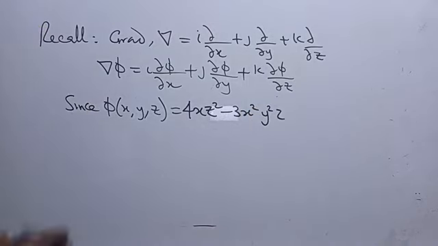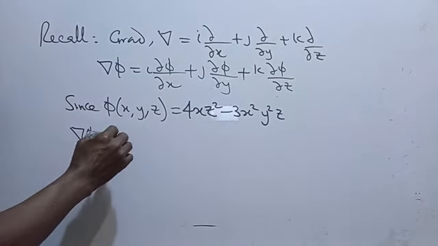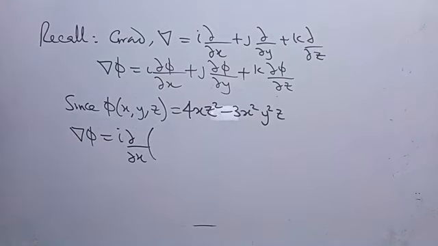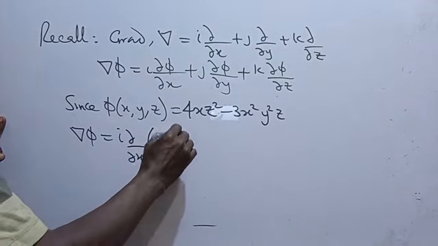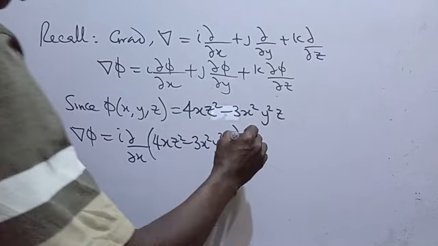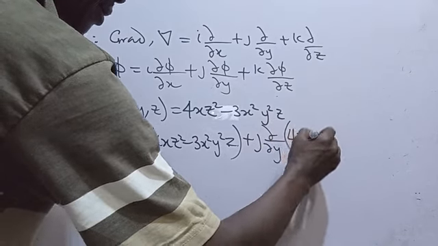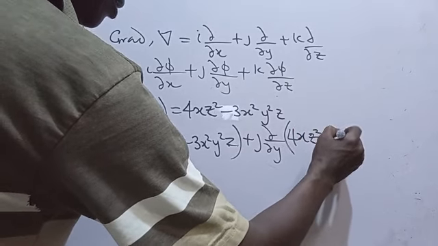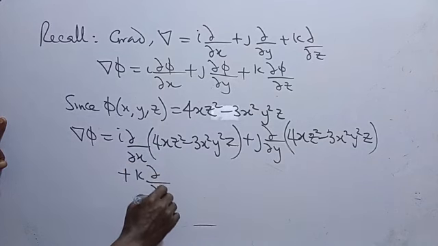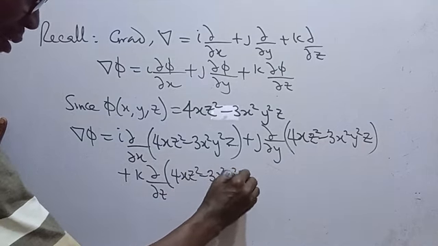Now that implies grad phi will be equal to i del by del x of 4xz squared minus 3x squared y squared z, plus j del by del y of the same phi, 4xz squared minus 3x squared y squared z, plus k del with respect to z of phi again, 4xz squared minus 3x squared y squared z.